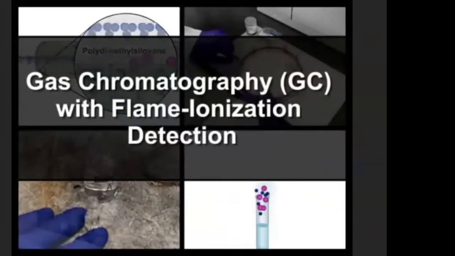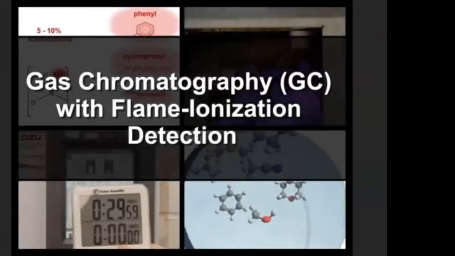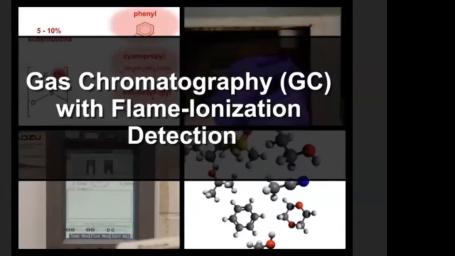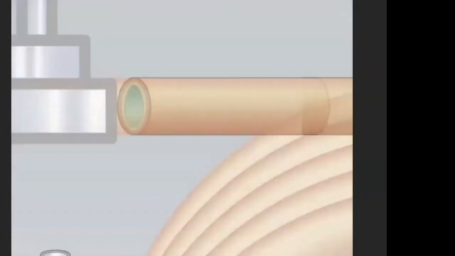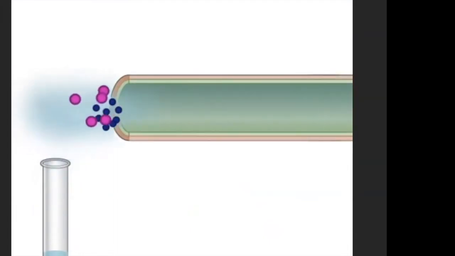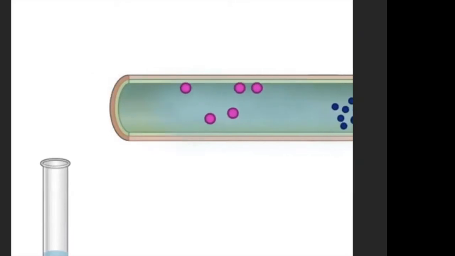Gas chromatography, or GC, is a technique that is used to separate, detect, and quantify small volatile compounds in the gas phase. In GC, liquid samples are vaporized, then carried by an inert gas through a long, thin column. Analytes are separated based on their chemical affinity with a coating on the inside of the column.